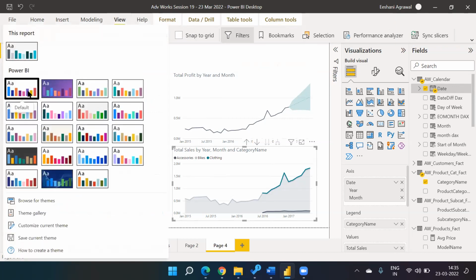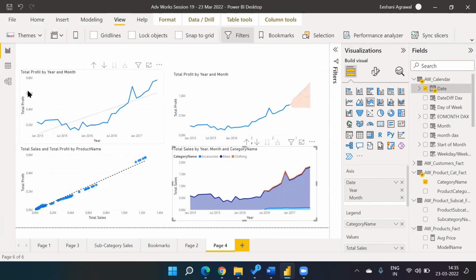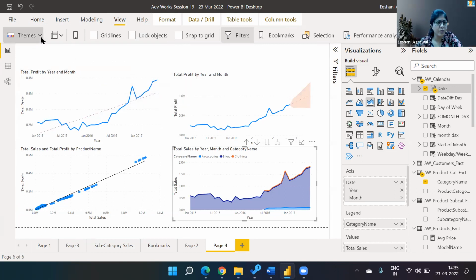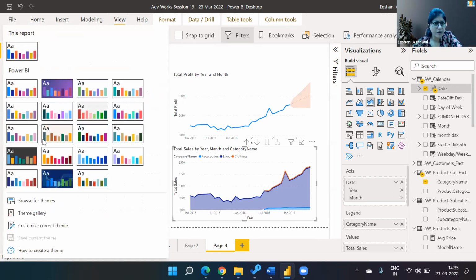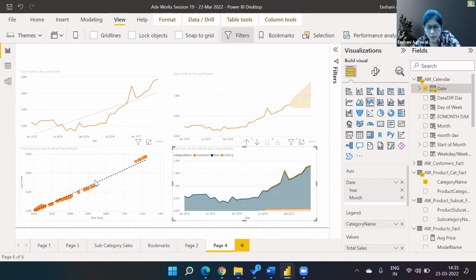Accessories should be more. Why is it coming so bad? What did I do wrong? Category is this. Sales.